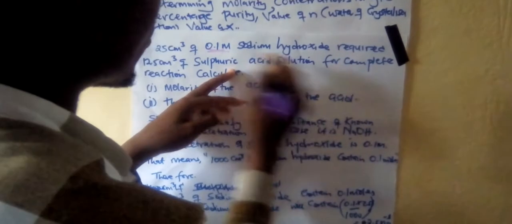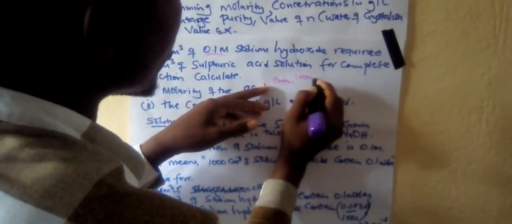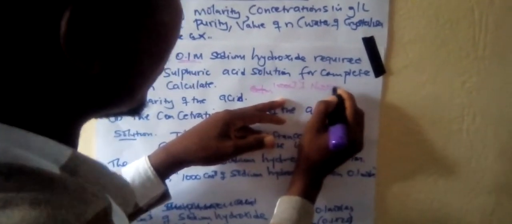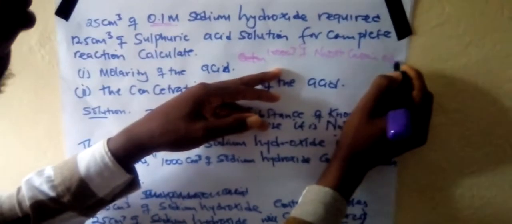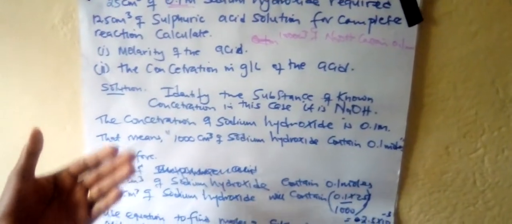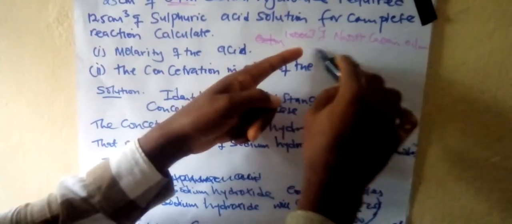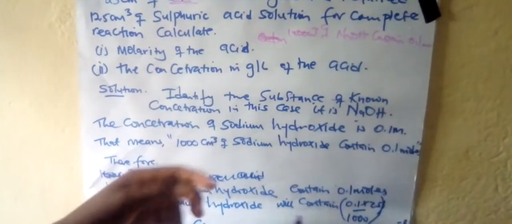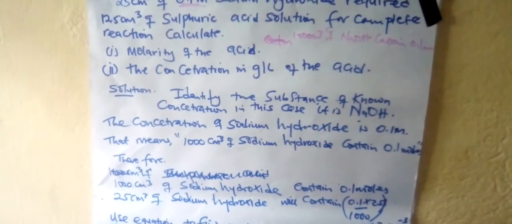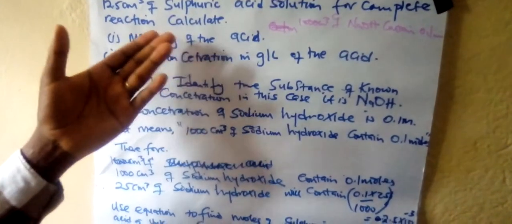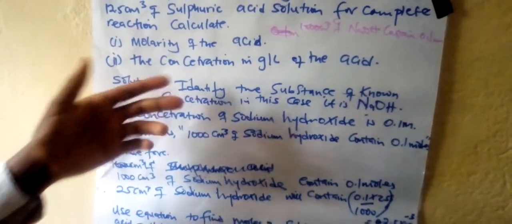So 0.1 molar means 1000 centimeters cubed of sodium hydroxide contain 0.1 moles. That's what it means. You must have at least the starting point of such a statement. Now when we want the molarity of the other substance, we start from there.